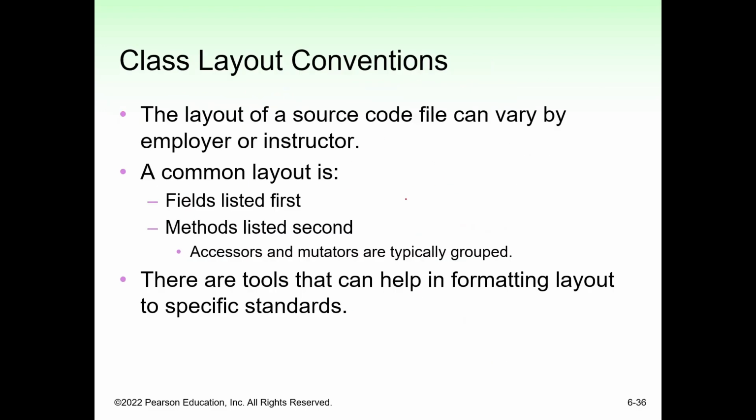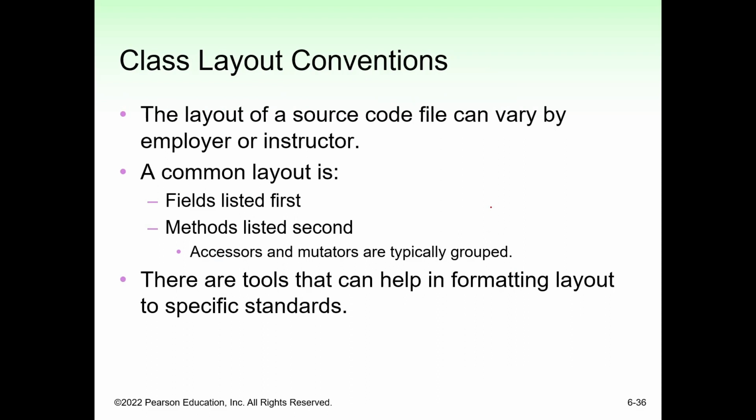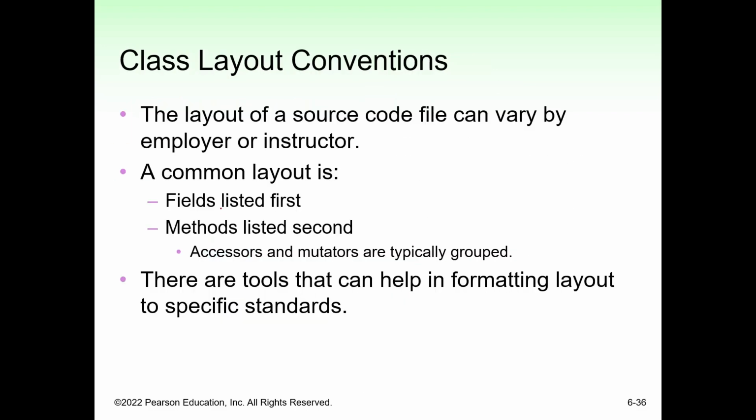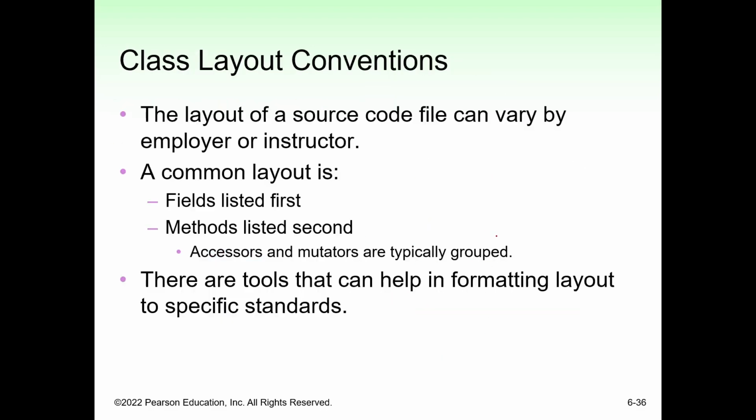The layout of your source code can be different based on the company you're working for or the educational facility you are studying at, but we are going to be using the common layout. In this case, the fields are first and the methods are second, and then all of your setters and getters are grouped together.